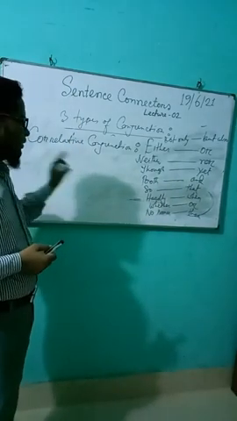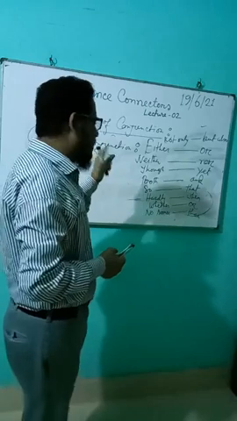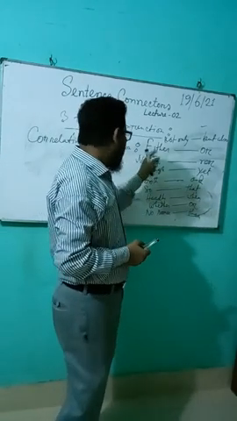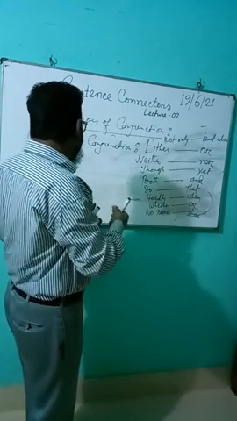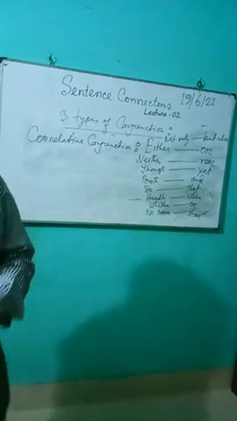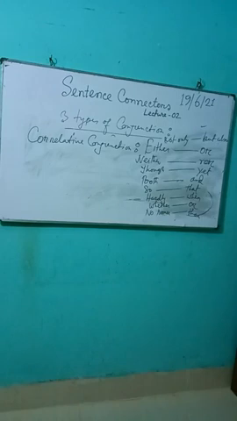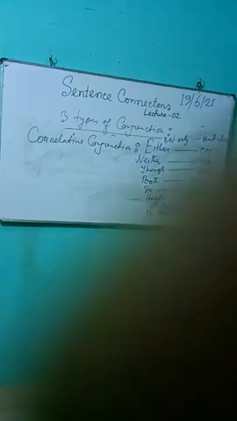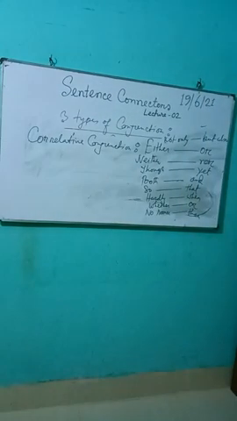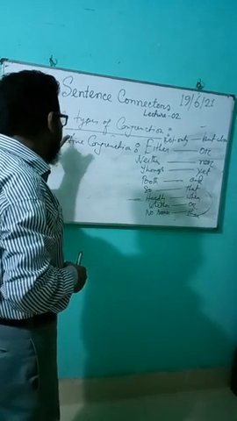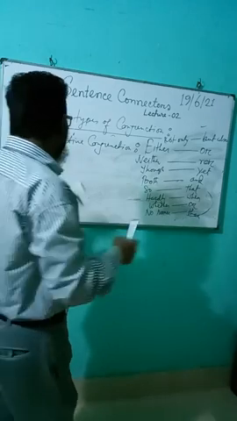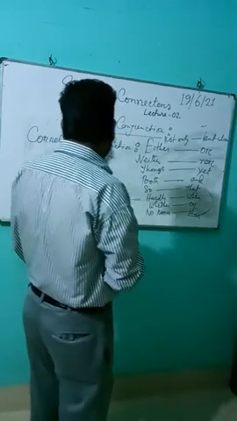I have told you that correlative conjunctions are pairs of words that are used to join two parts of a sentence that have equal value.